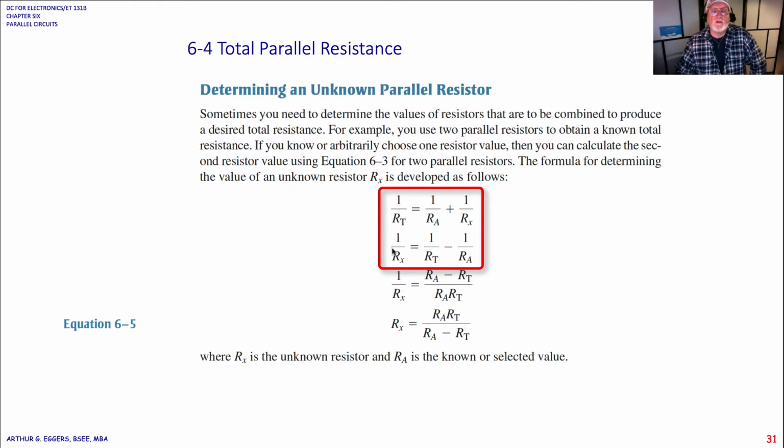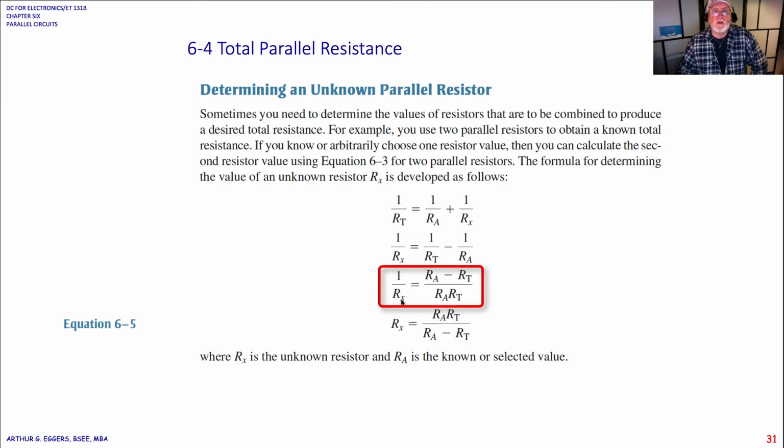So we have 1 over Rx is equal to 1 over the total resistance, now minus the known resistance value A. So let's cross multiply so that we can get a common denominator. And when we do that, we have RA minus R total divided by R sub A times R total.